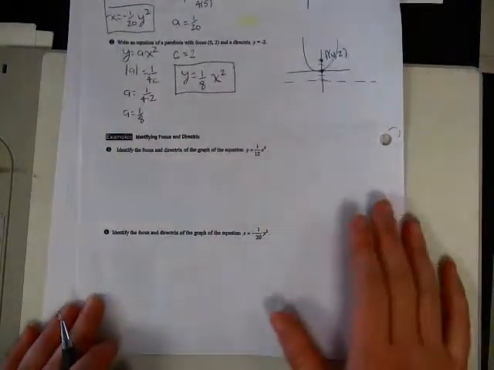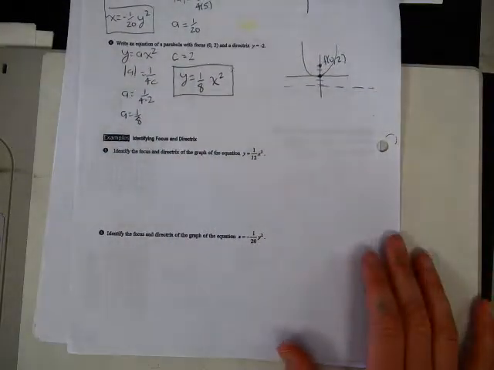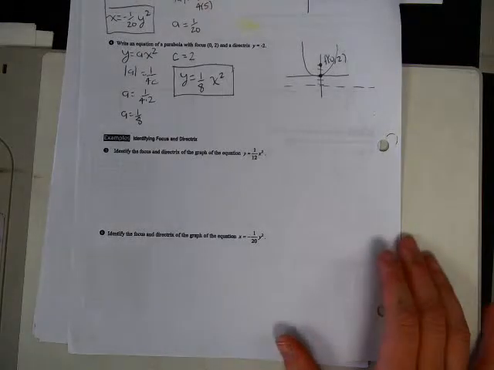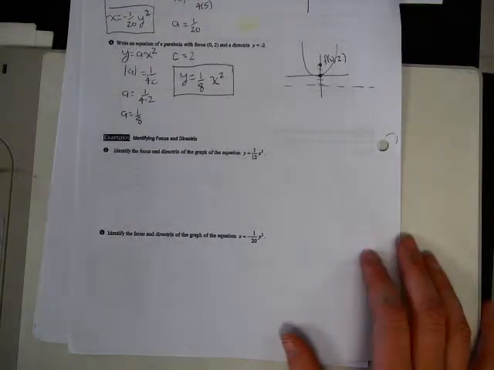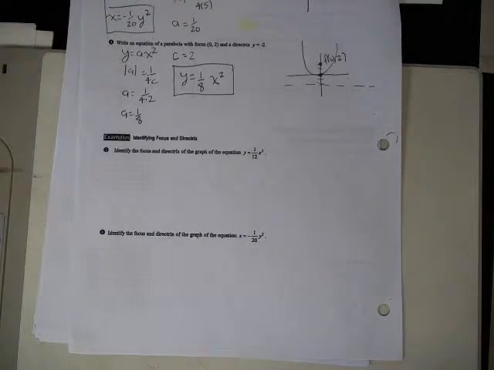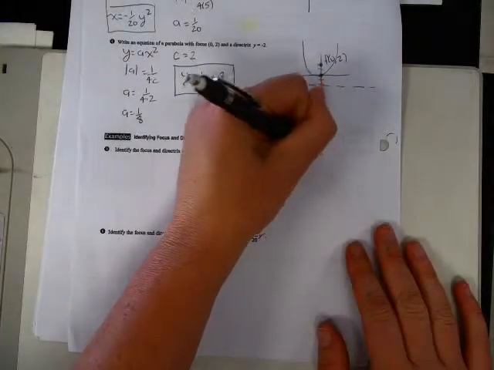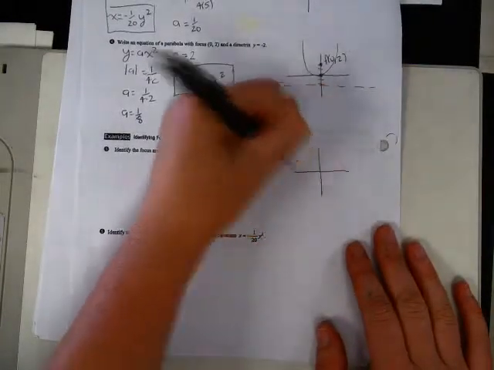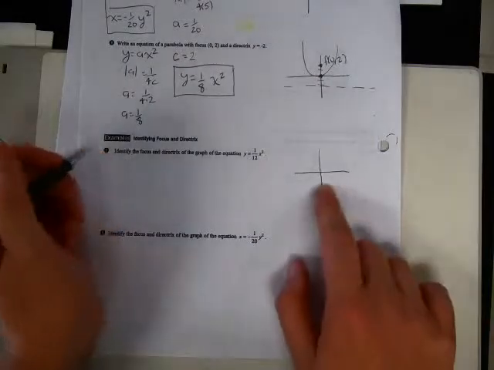So next, we have the question that asks us to identify the focus and directrix of a given parabola. We can do that as well. I'm going to follow my same procedure. I'm going to sketch a parabola, and I'm going to use my formula and find what I need. So here's my grid.